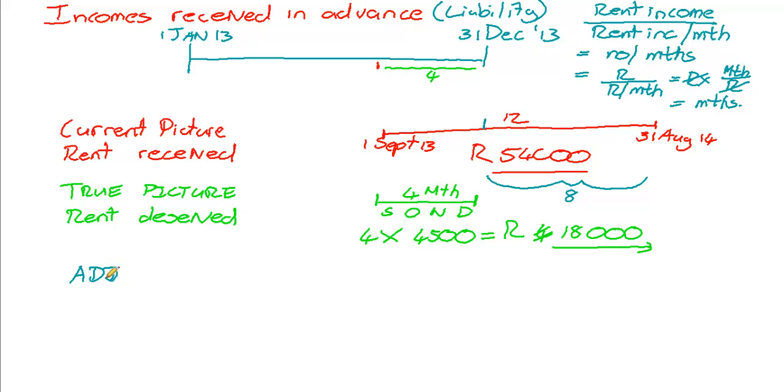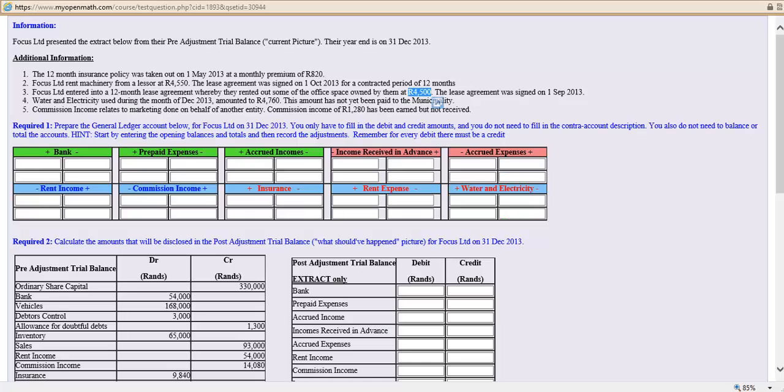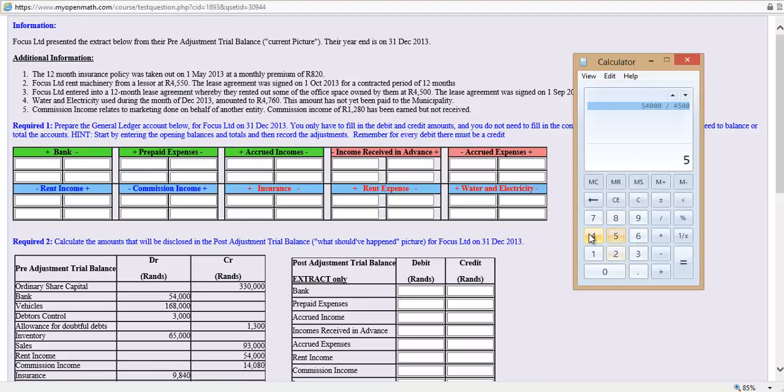So let's quickly calculate that. My adjustment is going to be the difference between the rent received and the rent actually deserved, which is 54,000 minus 18,000. You can probably do that in your head, and that gives me 36,000.